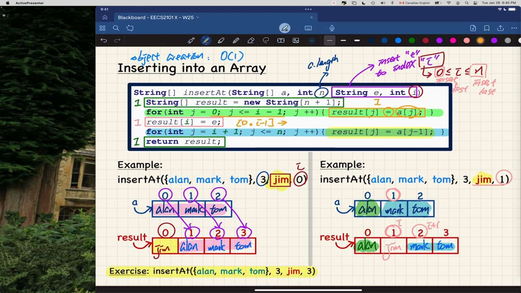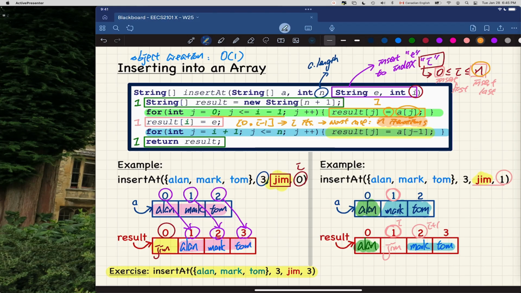So that would be exactly I iterations. We know that I, in the worst case, is going to be n. So that means in the worst case, it's going to be n iterations. This is very crucial for you to realize. So that's the number of iterations for the first for loop.